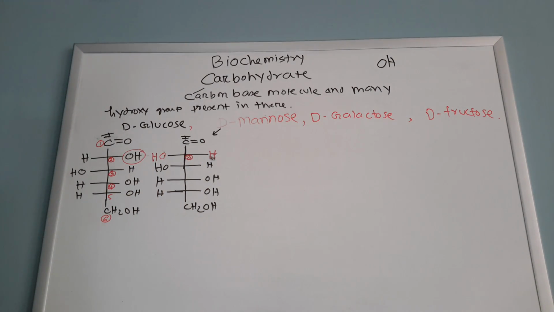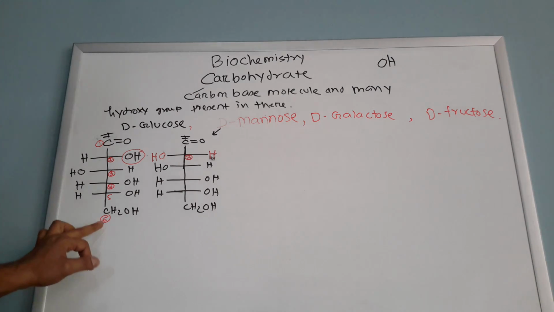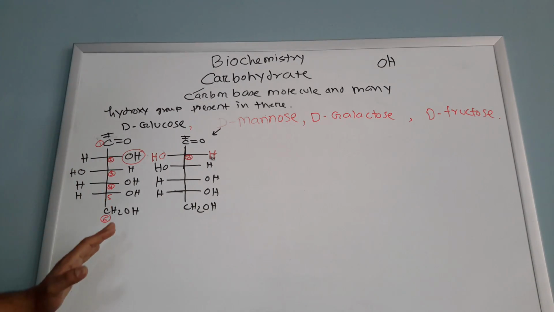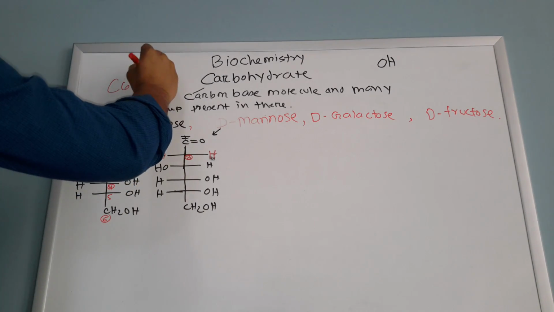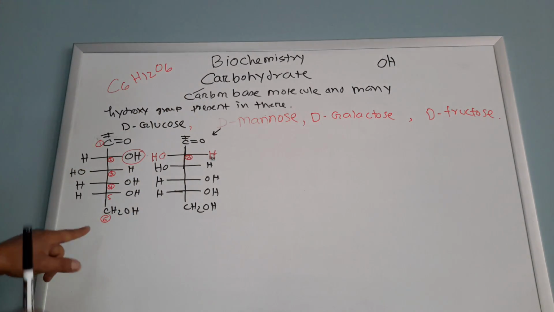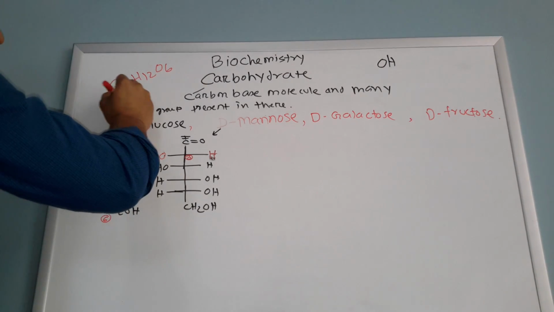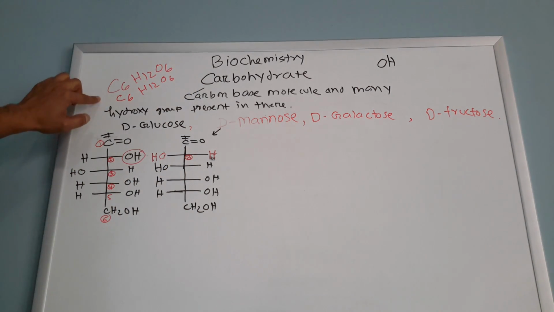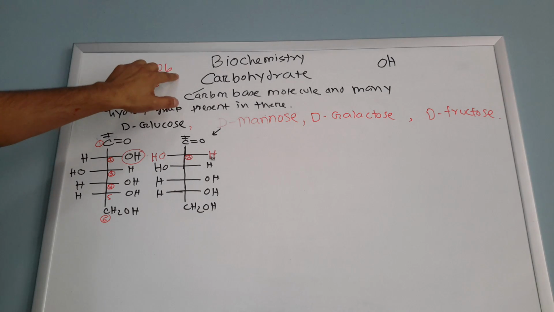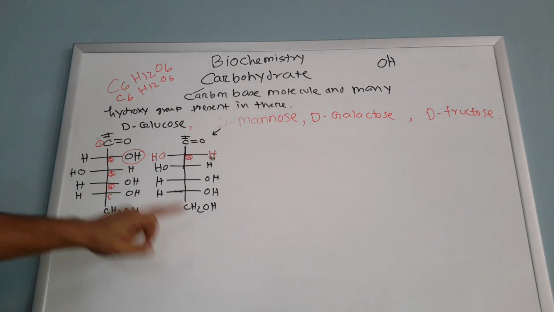So what is the relationship between these two? Why are these two isomers? Because the D-glucose molecular formula is C6H12O6, and the D-mannose molecular formula is also C6H12O6.